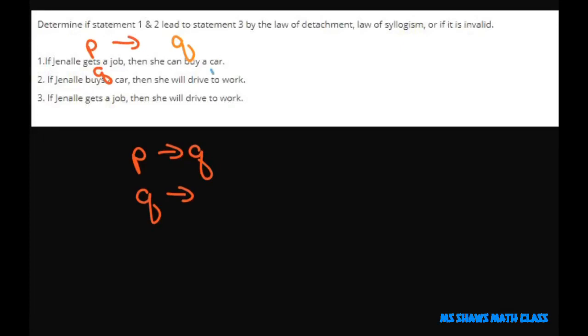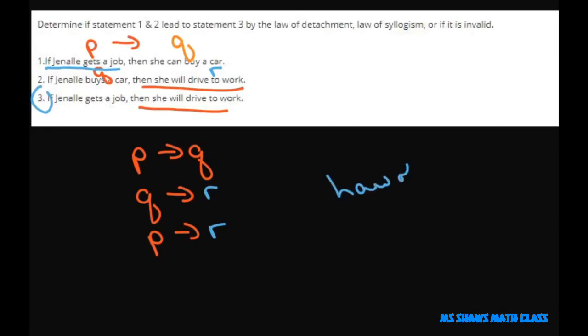So this is R. So another statement. Then, if she gets a job, so we're back to P again, then she will drive to work, which is R. So again, this is law of syllogism, because these two are the same here.